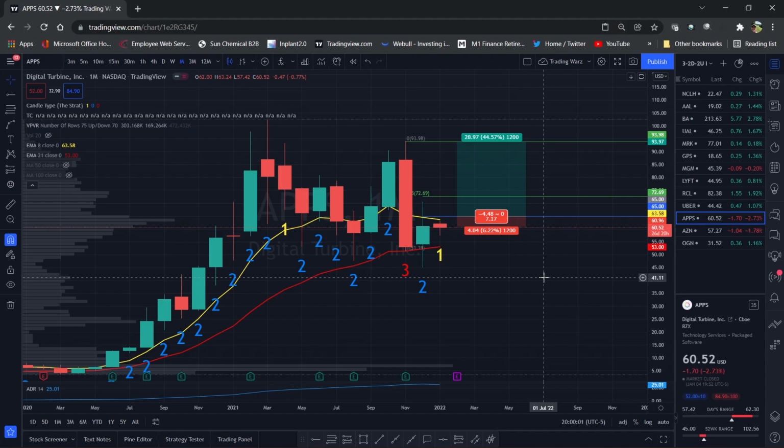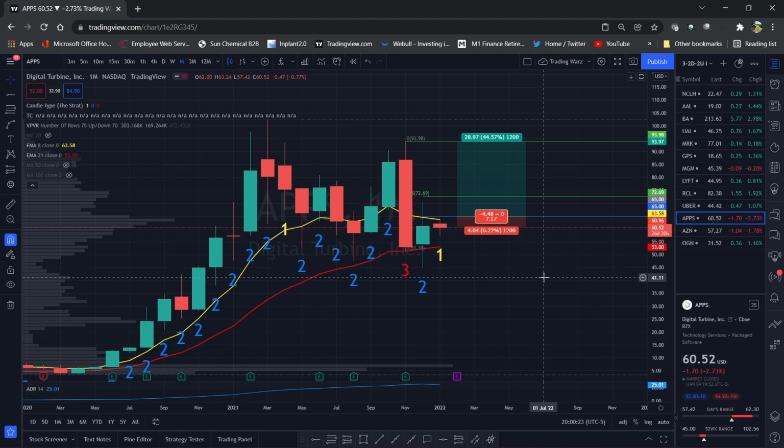And I got a couple more scans, but I don't like them as much, like the PMG bullish and PMG bearish. It's like a pivot machine gun.